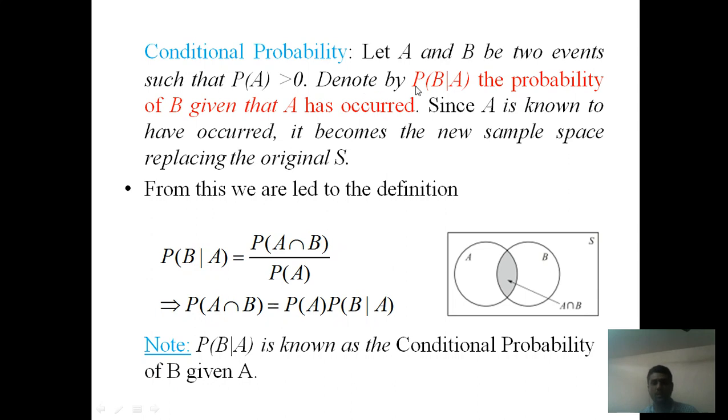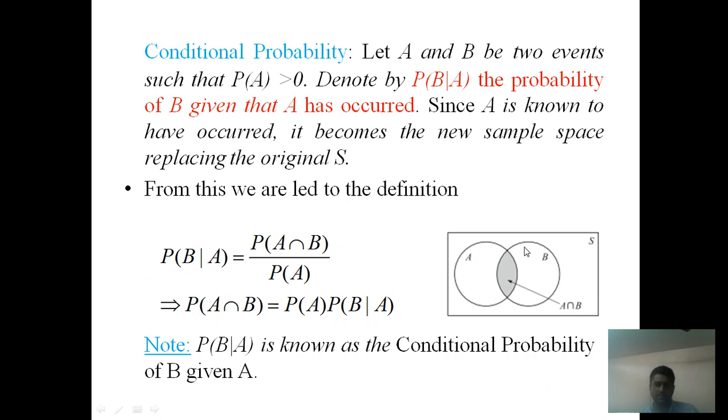Then we denote by probability of B slash A the probability of B given that A has occurred. Since A is known to have occurred, it becomes the new sample space replacing the original one.